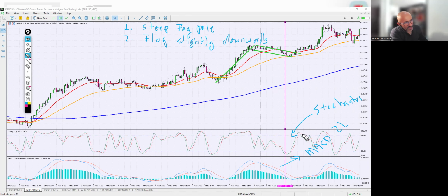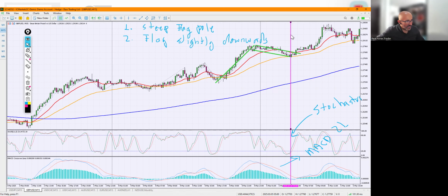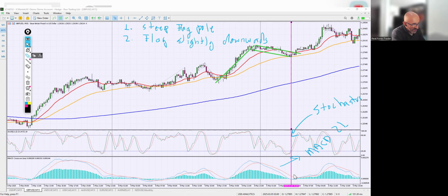My stochastics is showing me in this moment, look at this. That is the reason why I like to trace these guidelines. Here in this moment, for example, I can see that both MACD and stochastics are on the very bottom, indicating that there is sell pressure.